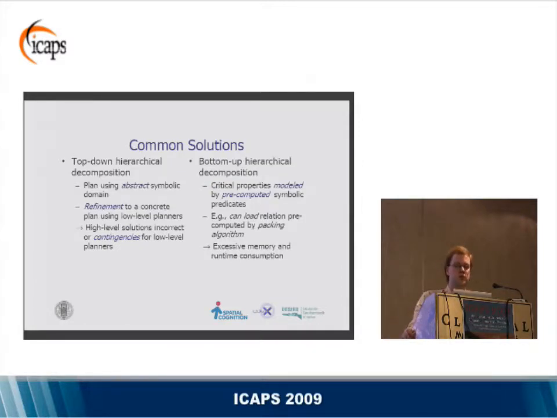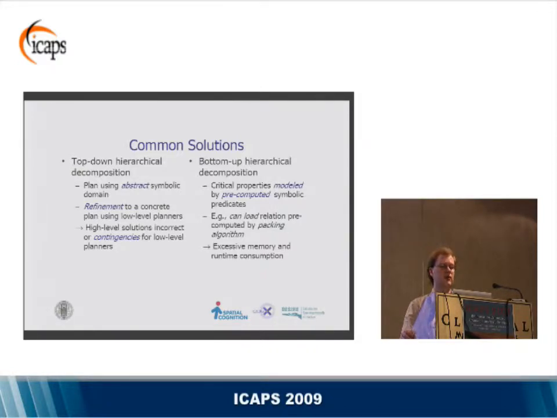Now, there are two simple solutions that come to mind when you want to combine planning with other algorithms. The first one is a top-down decomposition. This basically means that you will have a somewhat abstracted symbolic description of your domain and use a classical planner to solve this, and then use the lower-level algorithms to refine this plan, so to actually create an executable plan.